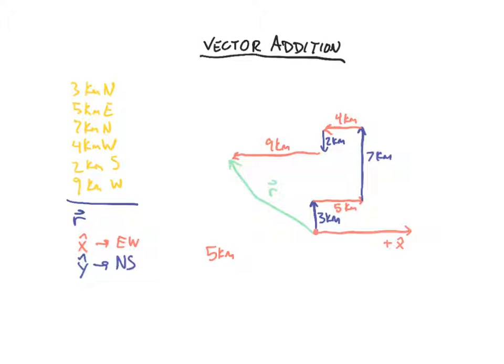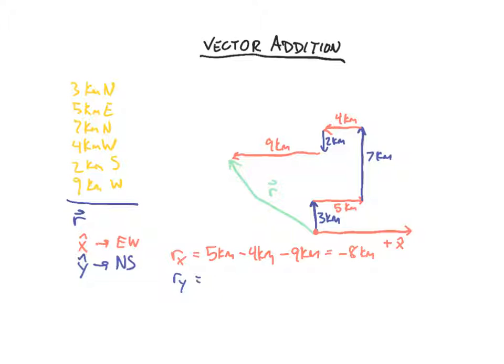We went in the opposite direction now, so since we're going in the negative x direction, we subtract 4 kilometers, and then we subtract another 9 because 9 is also going in the opposite direction. So that gives us the x component of r is going to be 5 minus 4 minus 9, which is going to be minus 8 kilometers.